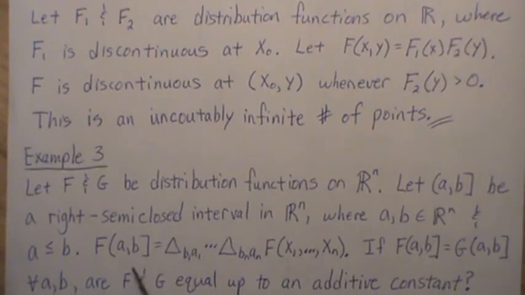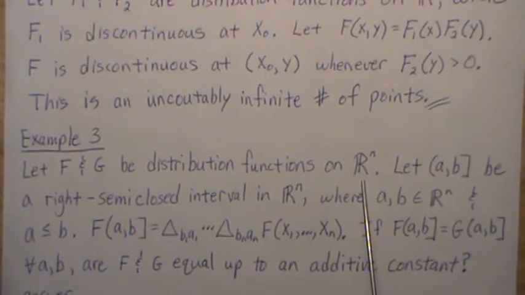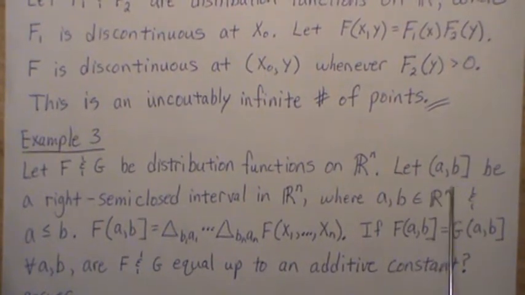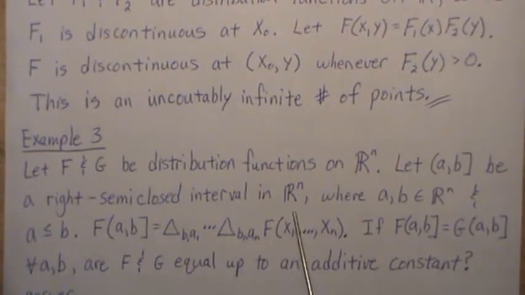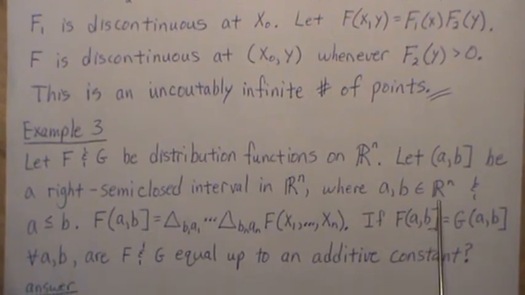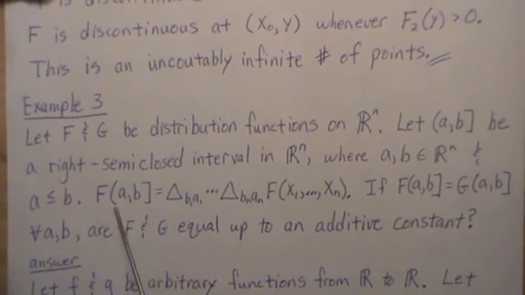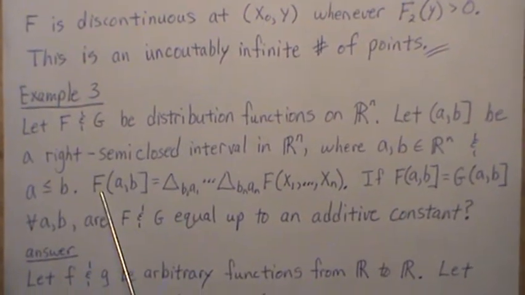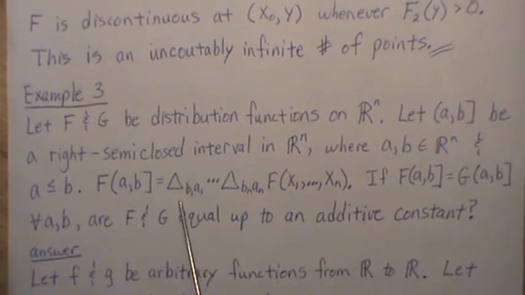So example 3: let F and G be distribution functions on Rn space, and let (a, b] be a right semiclosed interval in Rn, where a and b are vectors in Rn, and a is less than or equal to b. Now, as a reminder, F of this right semiclosed interval is the difference.